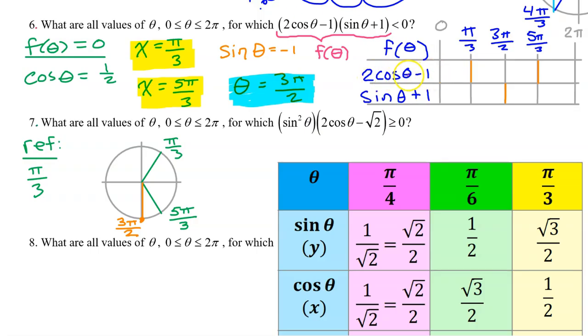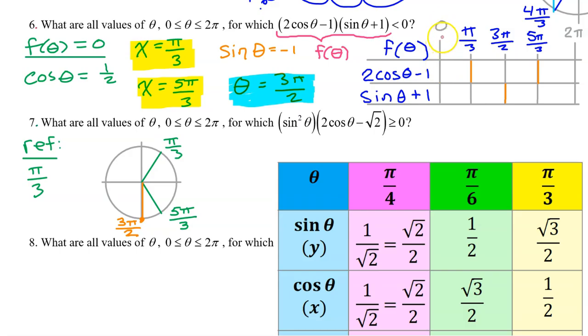So let's start with this first factor. I want to know whether 2 cosine theta minus 1 is positive or negative in this first interval. Since 0 is not a critical value, 2 cosine theta minus 1 is not equal to 0 at 0, so I can use this as a test value.